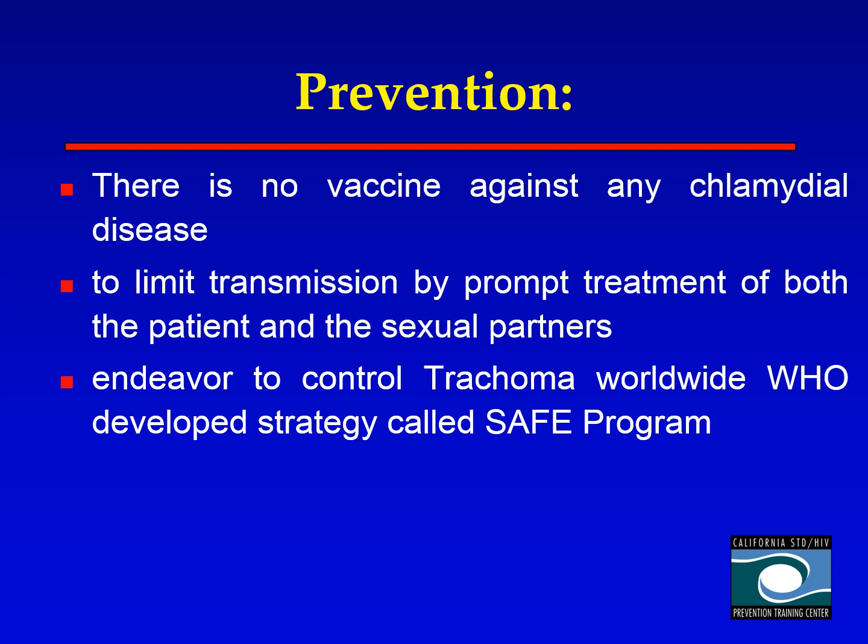The SAF program contains three elements. Tertiary prevention includes surgery to prevent blindness caused by infection with Chlamydia trachomatis, and secondary prevention includes appropriate antibiotic treatment, and primary prevention, which includes facial hygiene and environmental changes to improve sanitation.